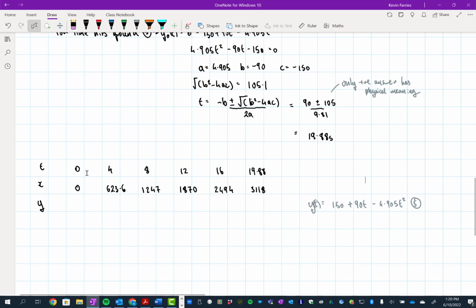So what I'll do is plug the time into this equation. For the first one, it's just going to be 150 before it starts moving. That's the initial position because t is equal to 0. Then I'll substitute 4 into here, get the answer, substitute 8 into here, get the answer. So just work through it and find those y positions.